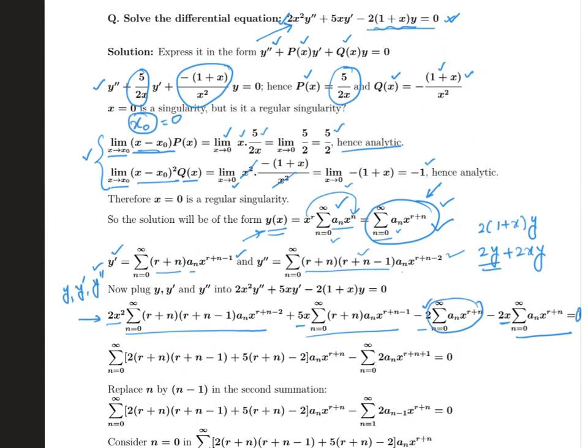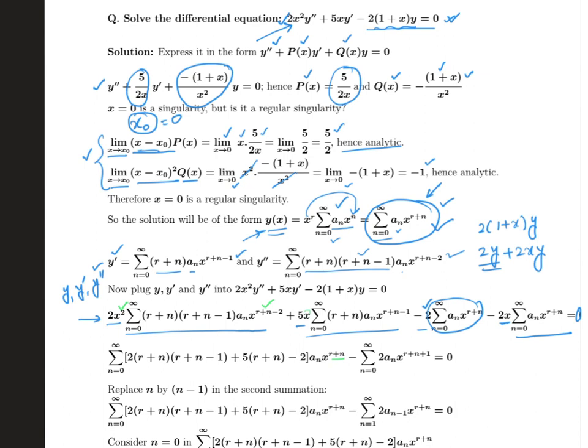Now let me go ahead and pay attention to this interesting thing. Look at this x squared and x to the power r plus n minus 2. If you combine these two, it's going to give you x to the power r plus n.